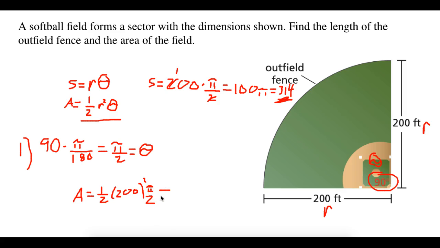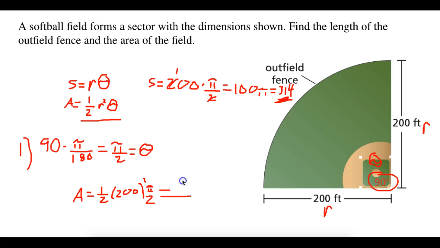So when we go ahead and simplify this, 200 times 200, we're just going to end up with 40,000 over 4.